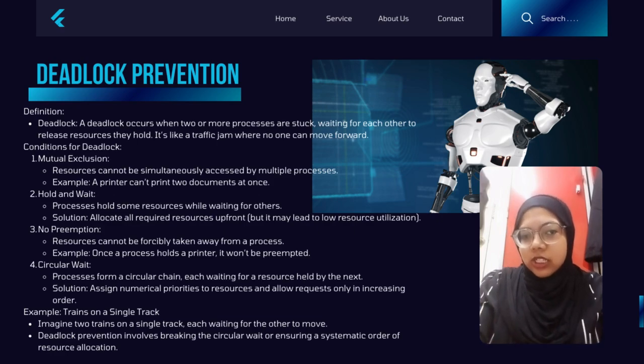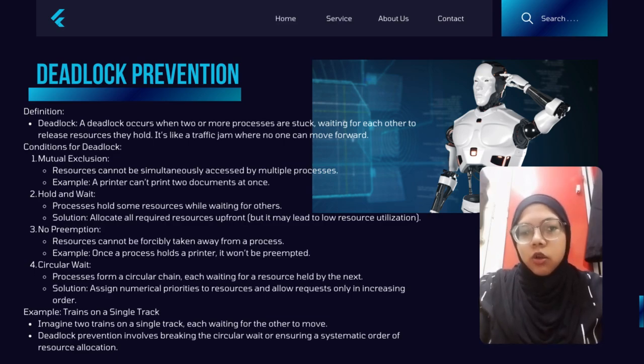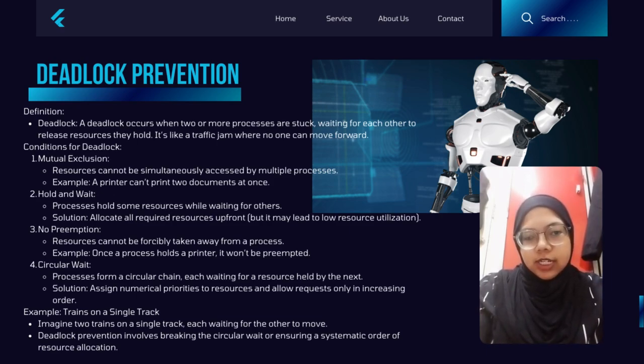So the conditions for deadlock are, first, mutual exclusion, where resources cannot be simultaneously accessed by multiple processes. An example is a printer that cannot print two documents at once. It will wait. Then the next condition is hold and wait, which is when a process holds some resources while waiting for others.